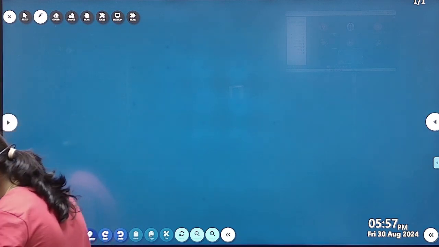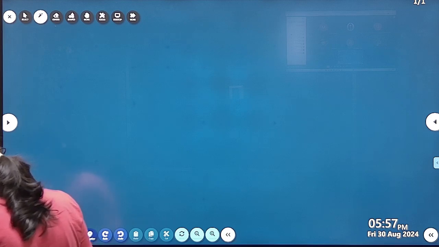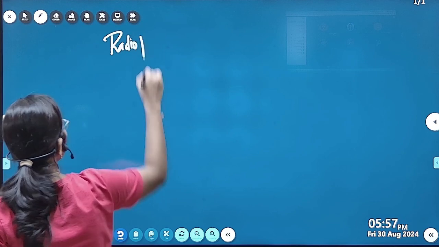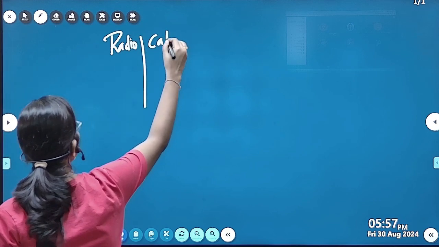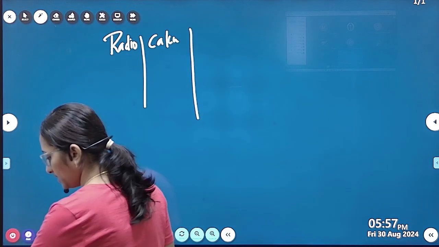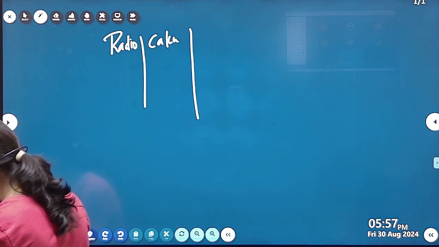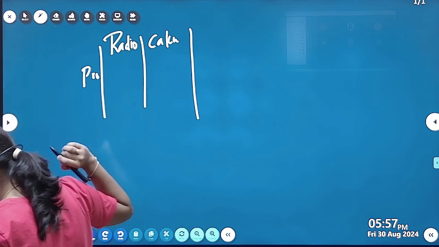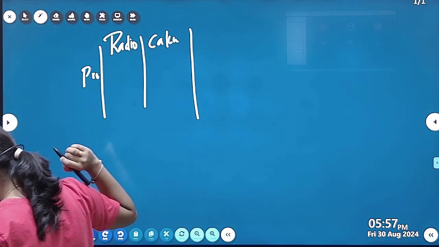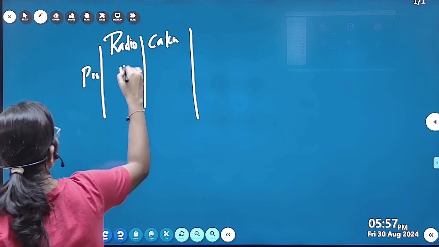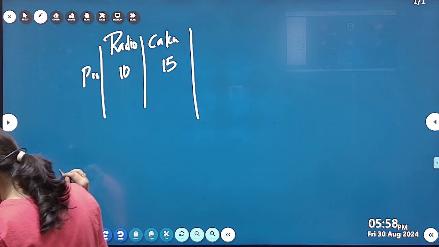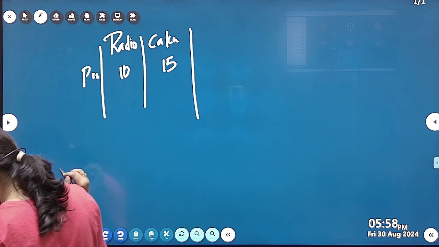Okay. Are you getting the question? So tell me what are the finished goods we have? Radio and calculator. So tell me what's the profit? Profit they are contributing 10 and 15. Next one. Each radio requires each of diodes and resistors.